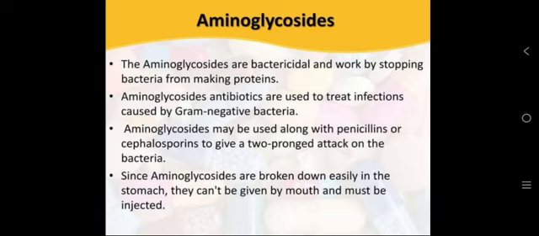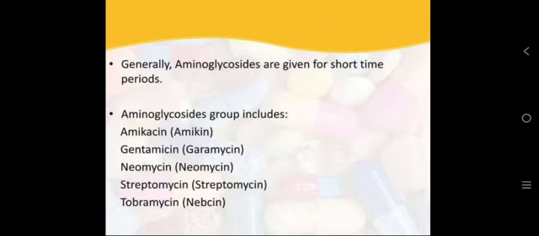Aminoglycosides. The aminoglycosides are bactericidal and work by stopping bacteria from making proteins. Aminoglycoside antibiotics are used to treat infections caused by gram-negative bacteria. Aminoglycosides may be used along with penicillin or cephalosporin to give a prolonged attack on the bacteria. Since aminoglycosides are broken down easily in the stomach, they cannot be given by mouth and must be injected.